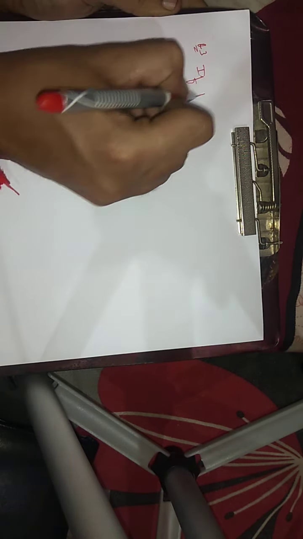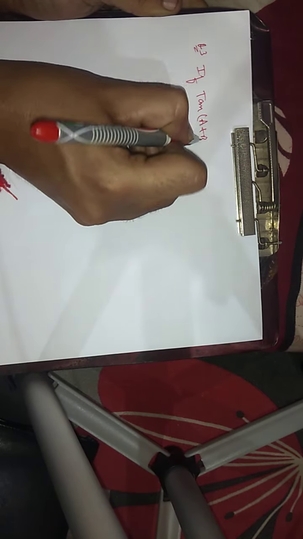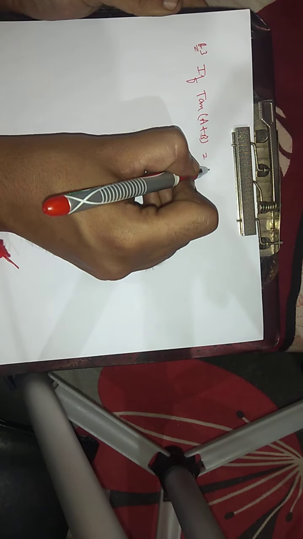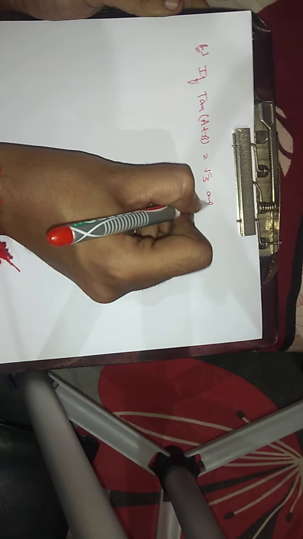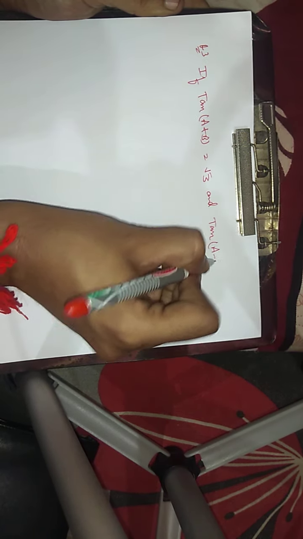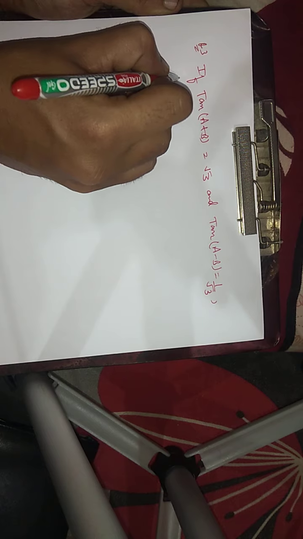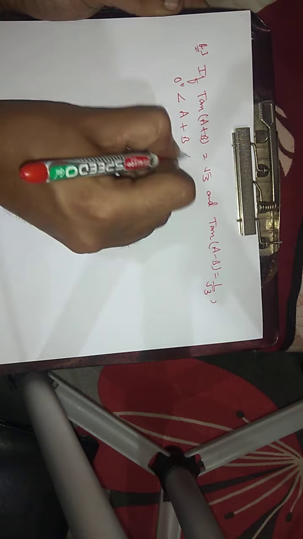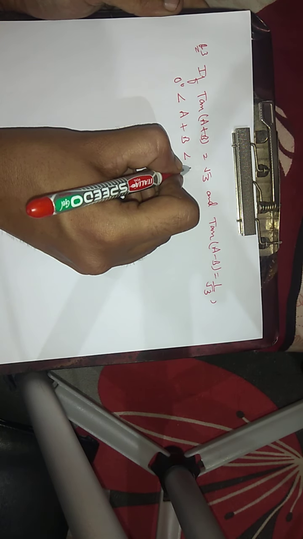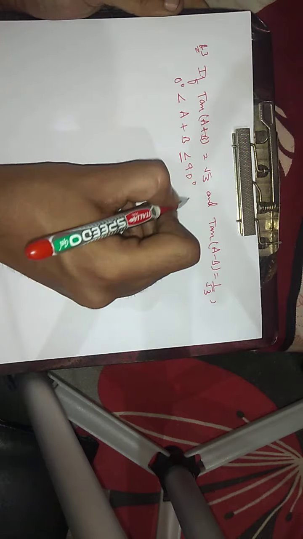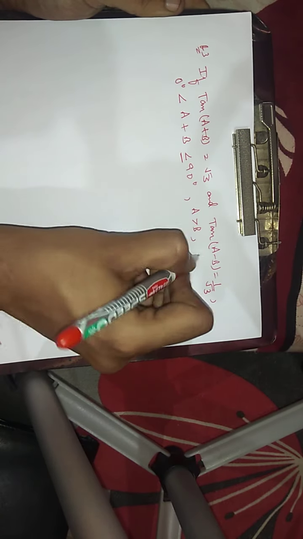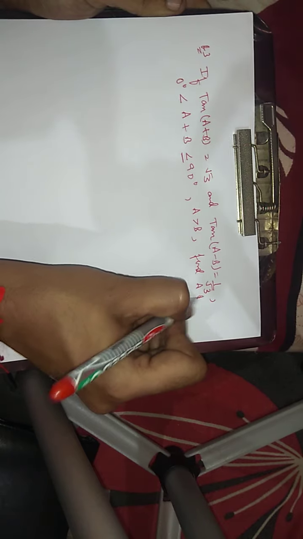If tan of a plus b is equal to under root 3, and tan of a minus b is equal to 1 by under root 3, and 0 degree is smaller than a plus b is smaller than or equal to 90 degree, and a is greater than b, find the value of a.